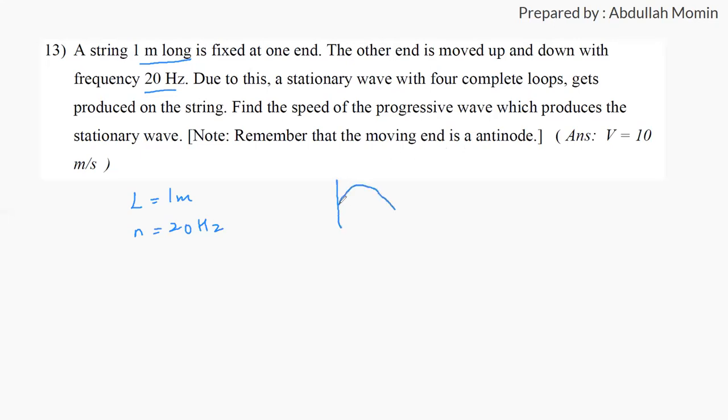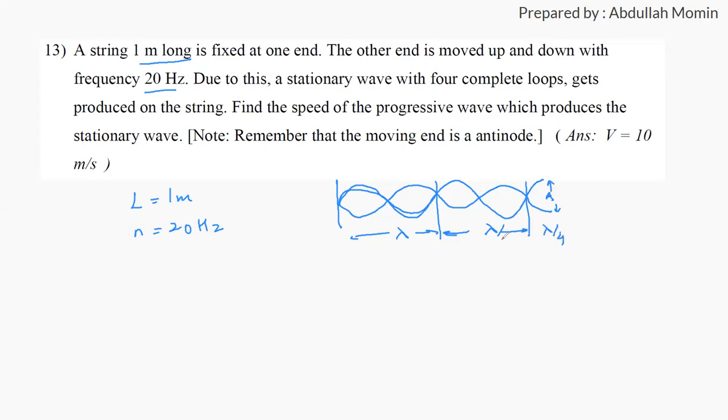So if a wave is completing 4 complete loops and the moving end is antinode, so one crest and one trough, this distance is lambda. This distance is also lambda, and this distance is lambda by 4.